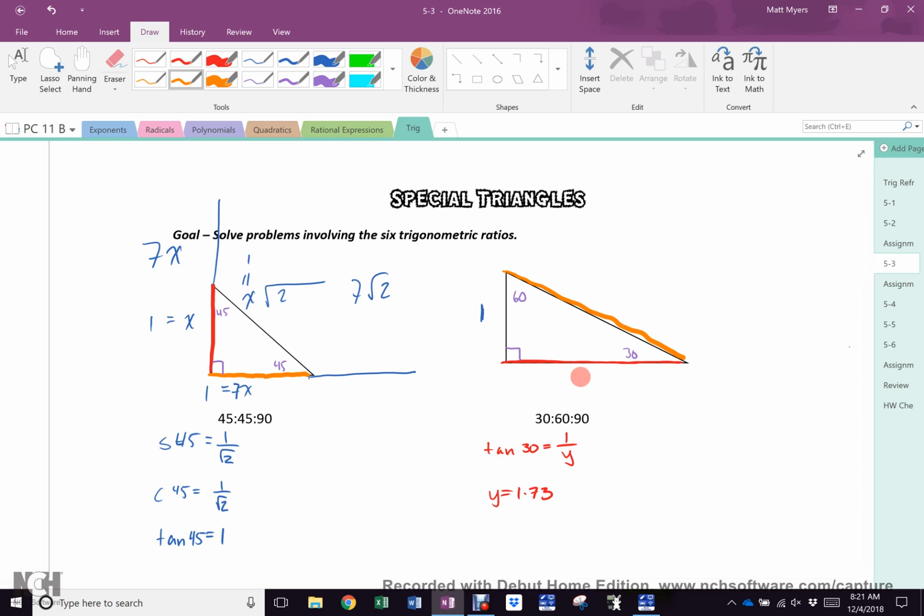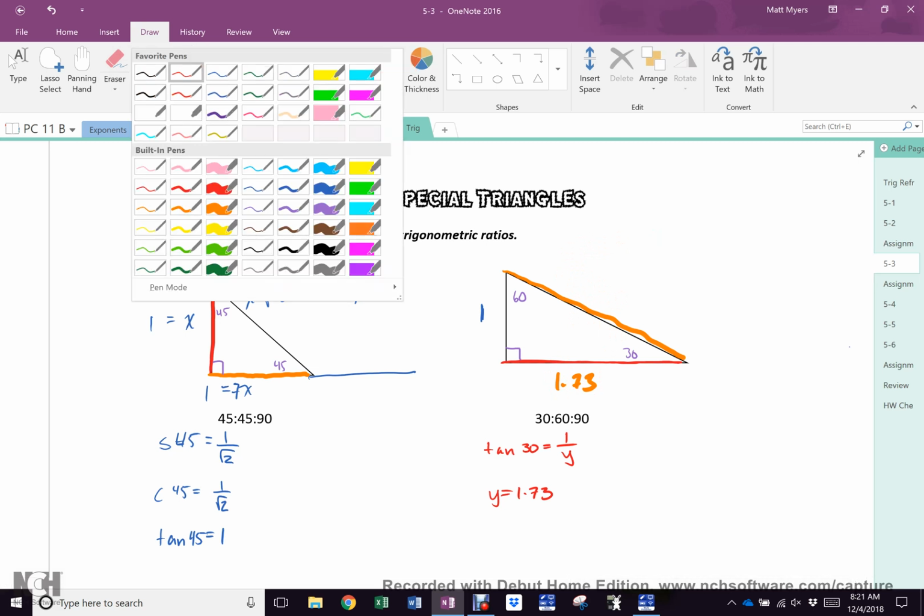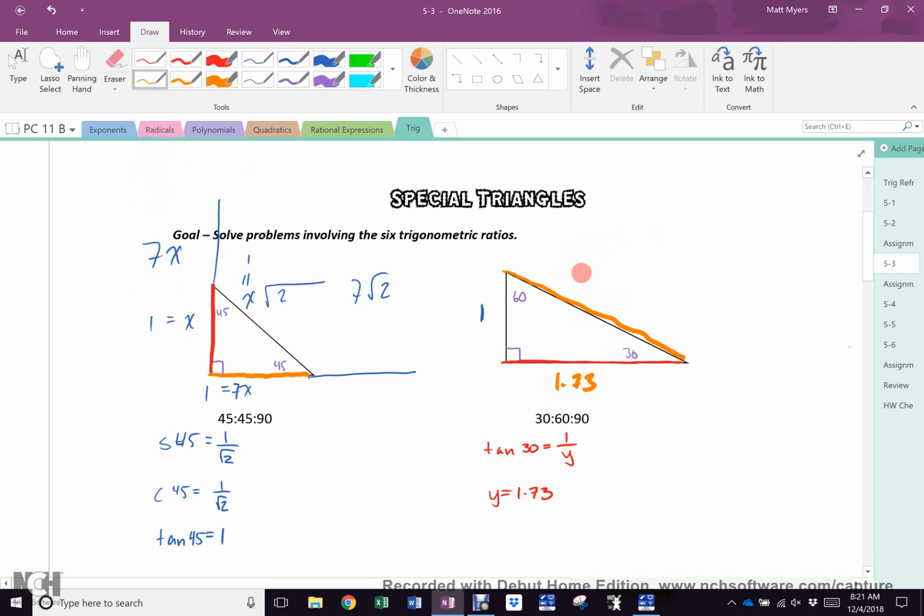But the one I want to use to show you where I'm going with this is this side. We know that this is 1.73. This side squared equals 1 squared, correct? Plus, what was this? Was this really 1.73?